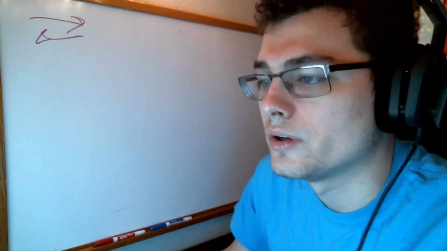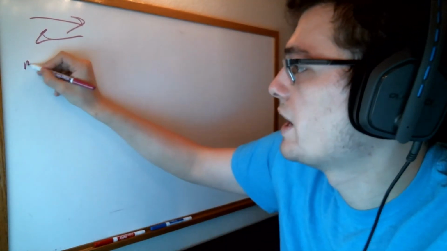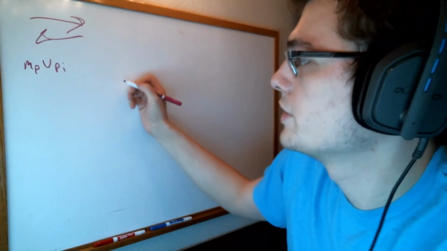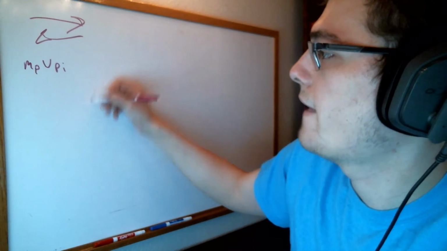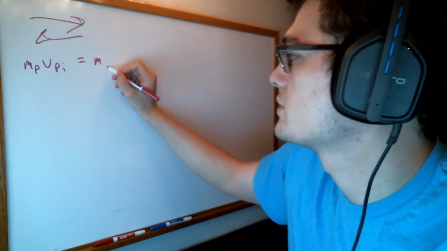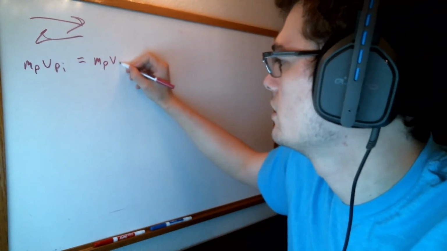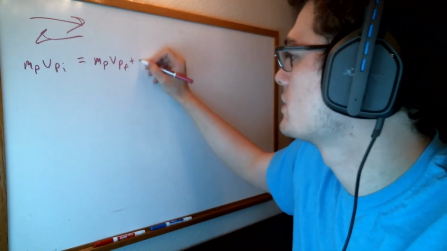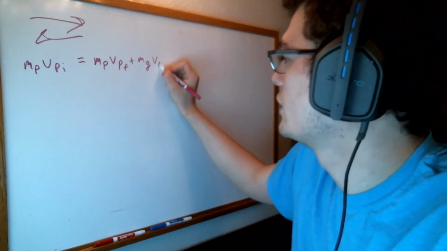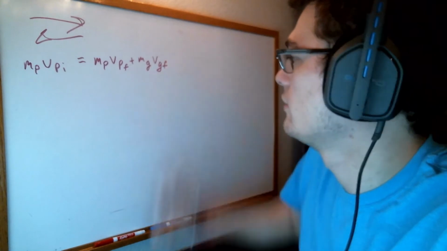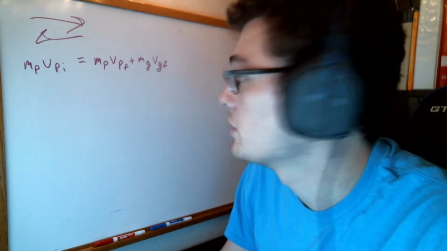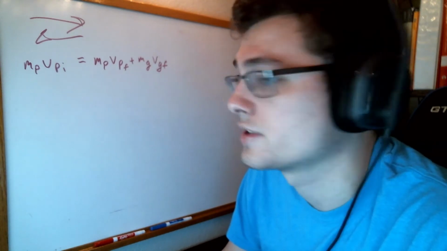Okay, so we have mass puck, V puck, and this is going to be our initial, and then we have that this is going to be equal to mass puck, V puck final, plus mass goalie, V goalie final.